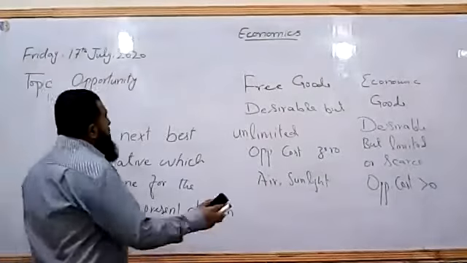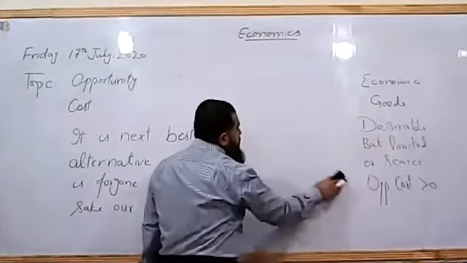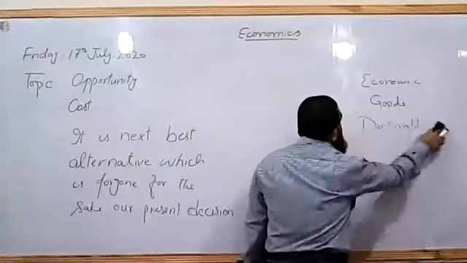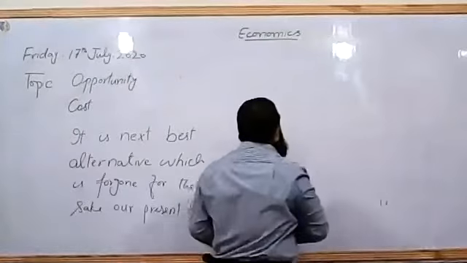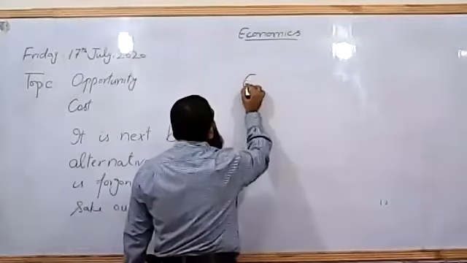So economic goods are having two main types, two or more than two types. One is called consumer goods, another is called what? Capital goods or producer goods.